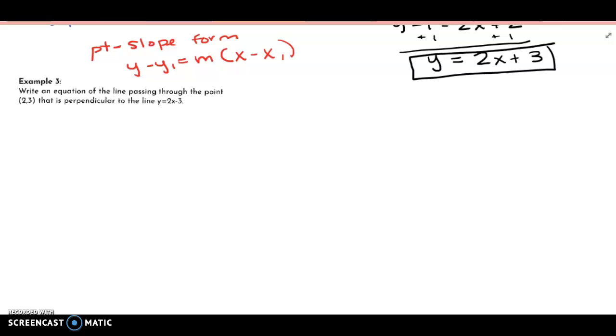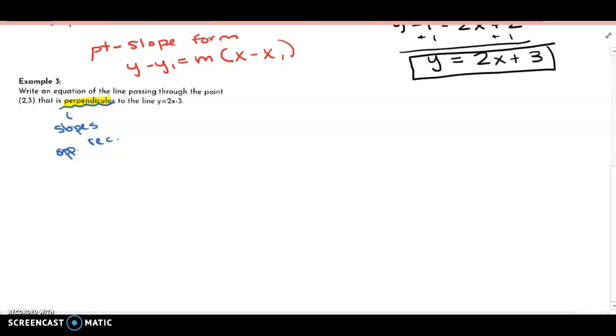All right, let's look at example 3 now. Okay, so this is same, but different. Now we want to write an equation of a line passing through the point 2, 3, but now we want this perpendicular to the line y equals 2x minus 3. Well, if it's perpendicular, that means that these slopes must be opposite reciprocals.